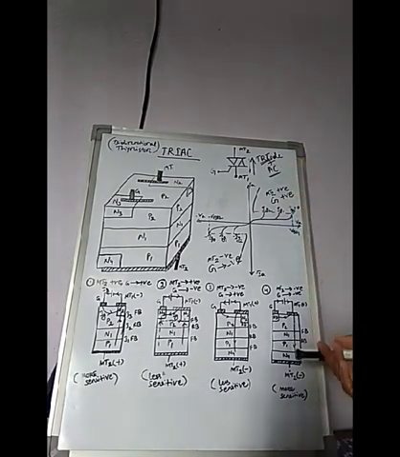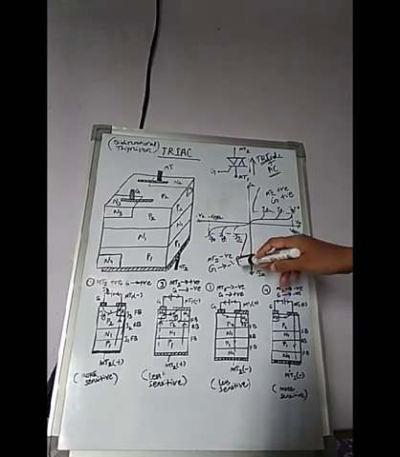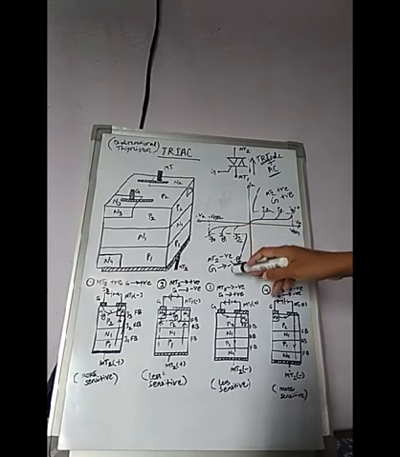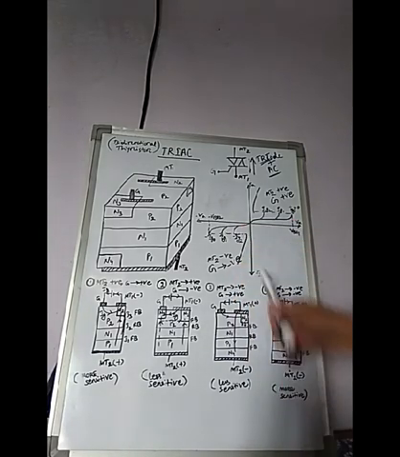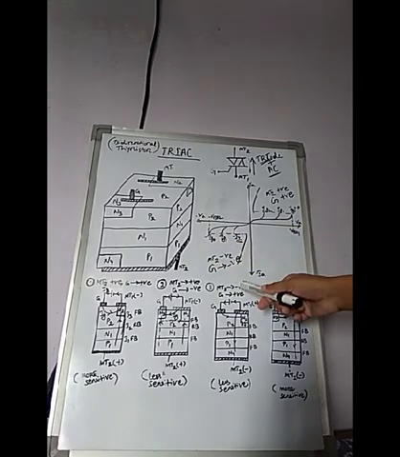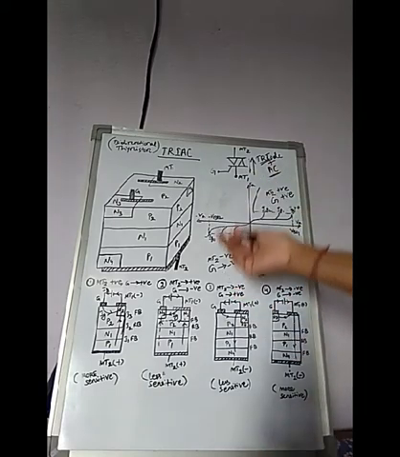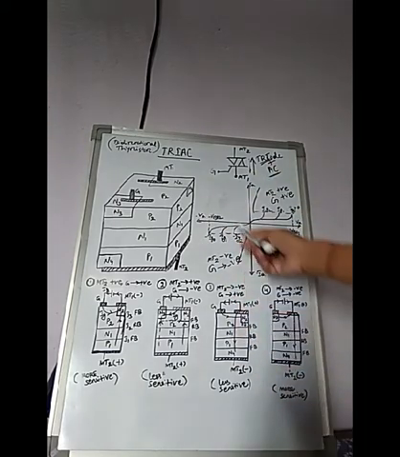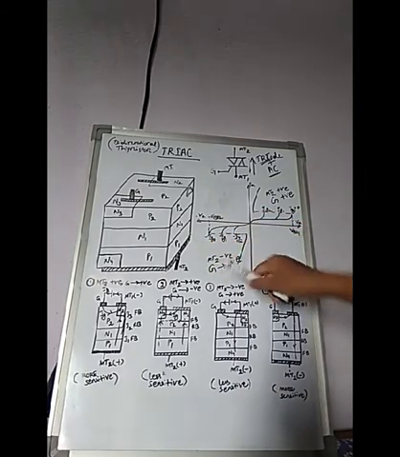And again, here also the sensitivity is low when the device is turned on with positive gate signal. When MT2 is negative with respect to MT1 and I apply positive gate current, the sensitivity of this device is low in this quadrant.